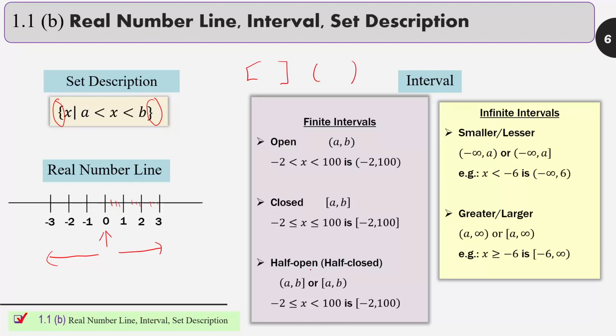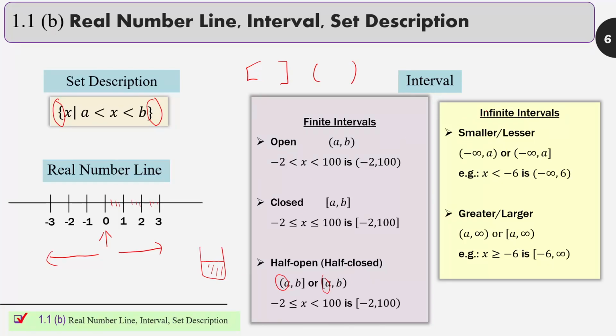You can call it half open or half closed. It doesn't matter. Just like when you see a glass of water that is half of it, you can say it's half full or half empty. Here it is the same: either you say it is half open, meaning the other side is closed, or you say it is half closed because the other one is open. It is up to you.